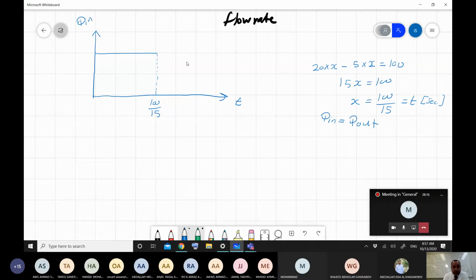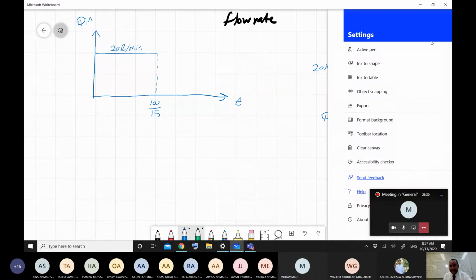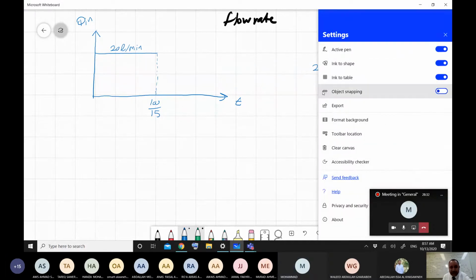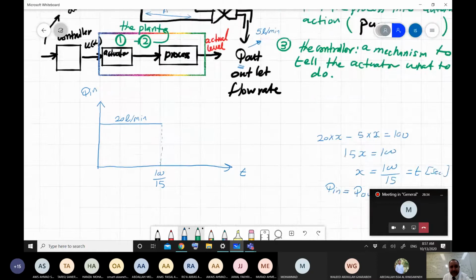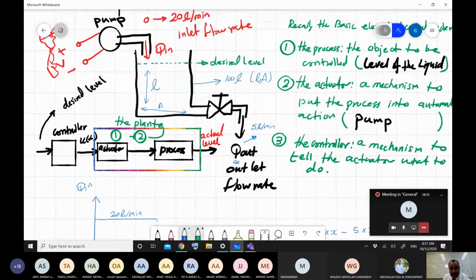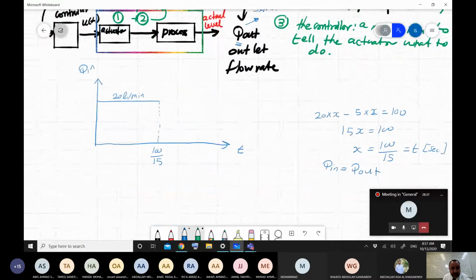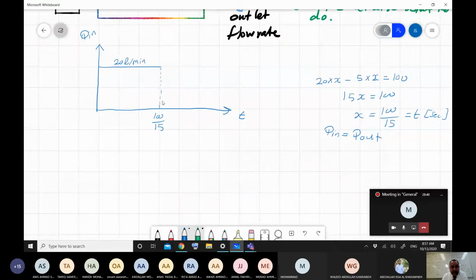So if this one we decide to be 20 liter per minute, and the Q out was 5? Should I return to it, or it's 5? So let's try to return to it. Yeah, it's 5. So let's assume this is the 5.